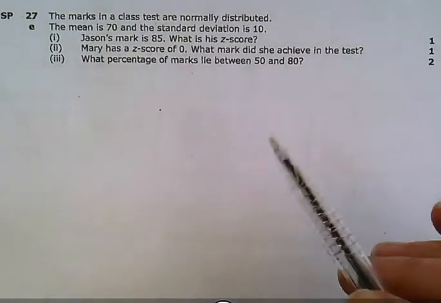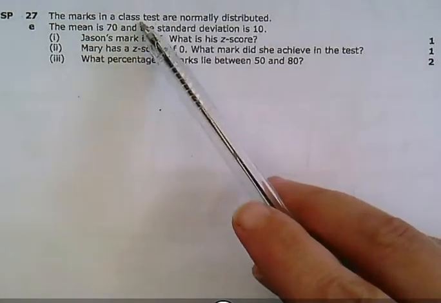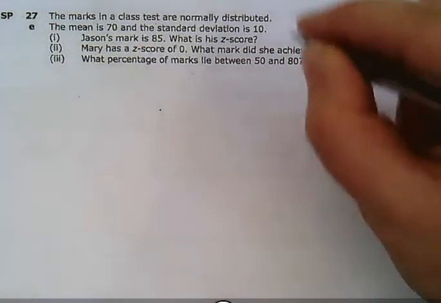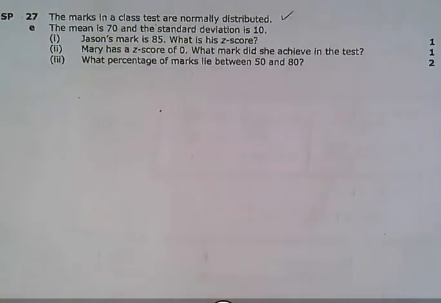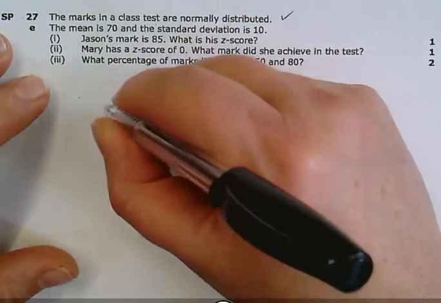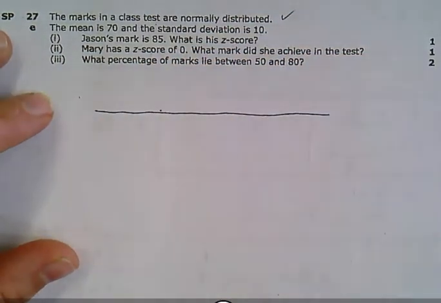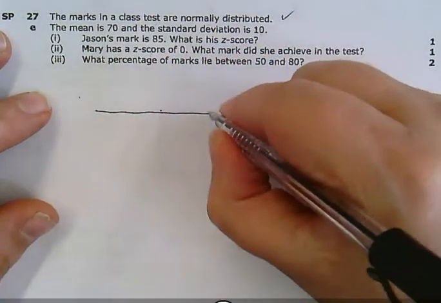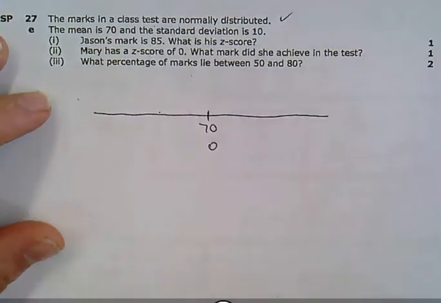At the specimen paper, question 27E. The marks in a test are normally distributed, and you think, great, I can use my percentages, 95, 68, 99.7. The mean is 70. I really think you should be drawing every single question. The mean is 70. That's a Z-score of 0 now, isn't it?